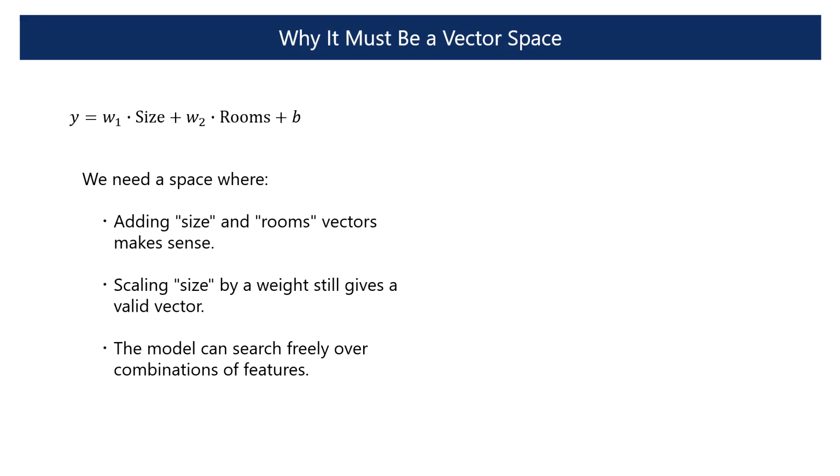Let's say we are trying to find the best combination of size and rooms to predict rent. We need a space where adding size and rooms vectors makes sense. Scaling size by a weight still gives a valid vector, and the model can search freely over combinations of features.